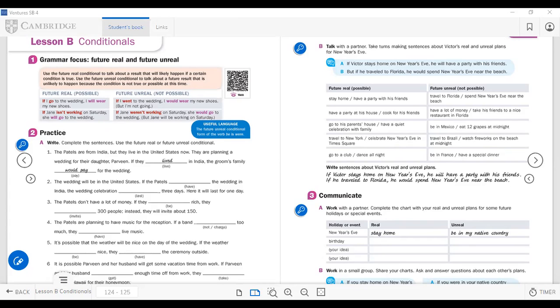So again, they will complete the exercises. And I can click if I did it right or wrong, and then I can reset. Okay.